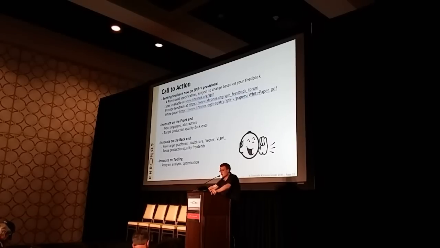The specs are available in the usual place, and the forums are there for feedback. And hopefully we'll see people innovating on the front end and the back end, and this will expand the set of languages, use cases, and so on that both OpenCL and OpenGL are useful for.